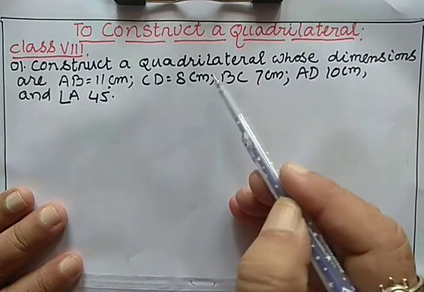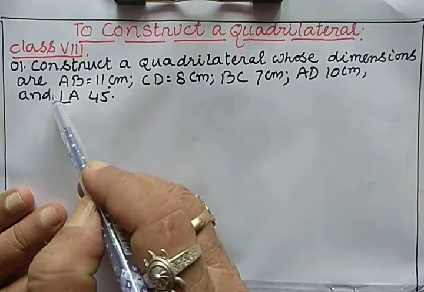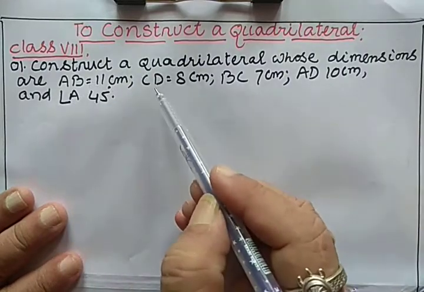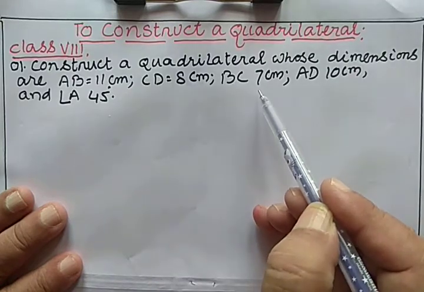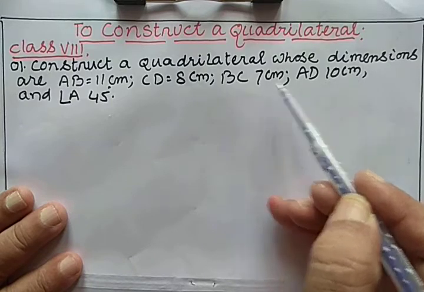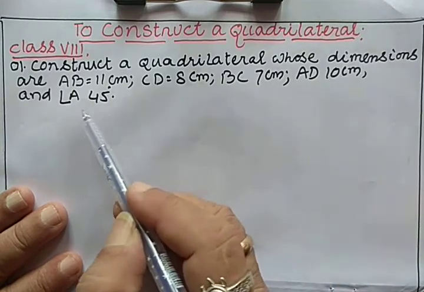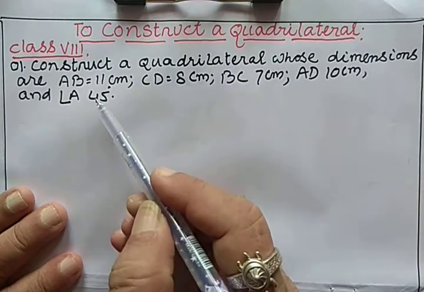Construct a quadrilateral whose dimensions are AB is equal to 11 centimeters, CD is equal to 8 centimeters, BC is equal to 7 centimeters, AD is equal to 10 centimeters, and angle A is equal to 45 degrees.